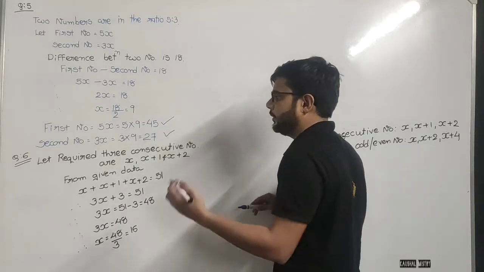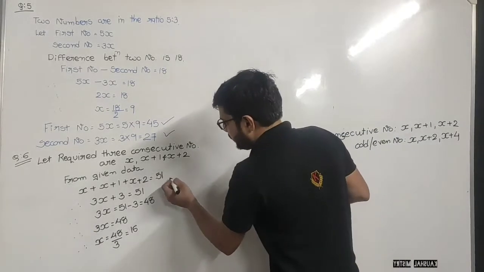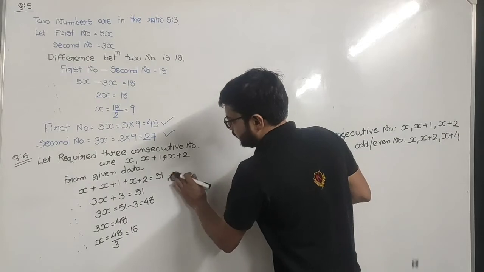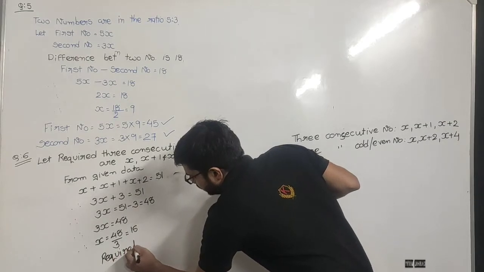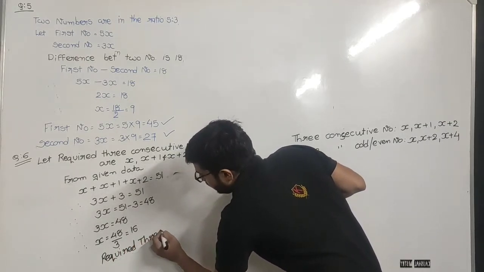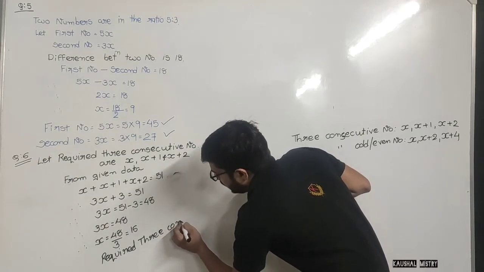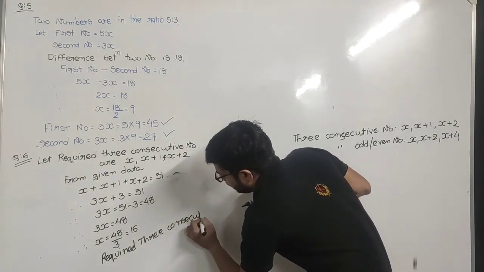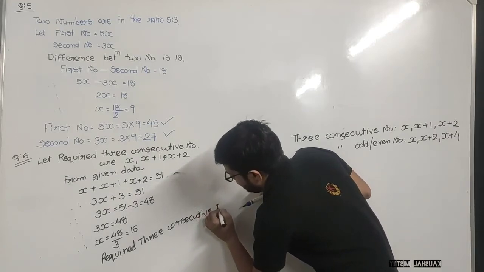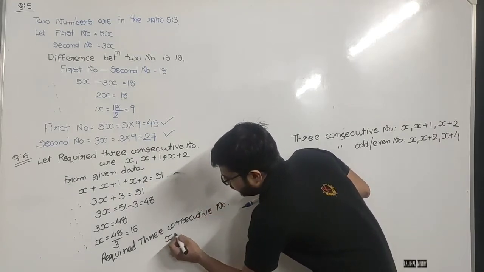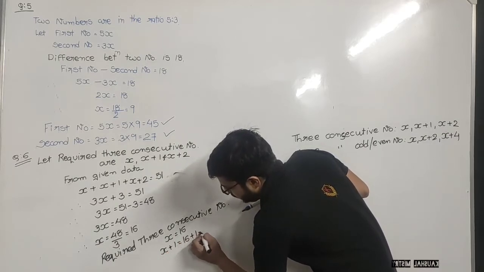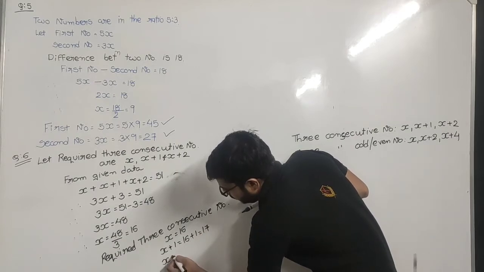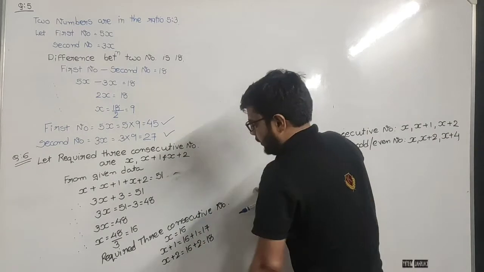So the required 3 consecutive numbers or consecutive integers will be x, that is 16, x plus 1, that means 16 plus 1, 17, and x plus 2, 16 plus 2, it is equal to 18.